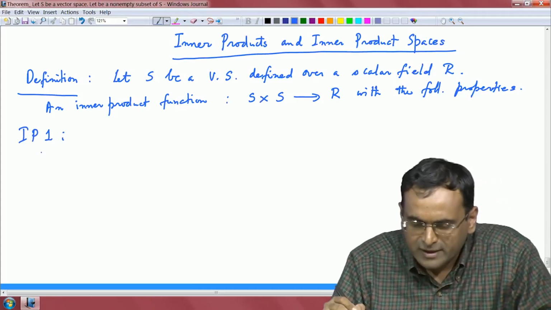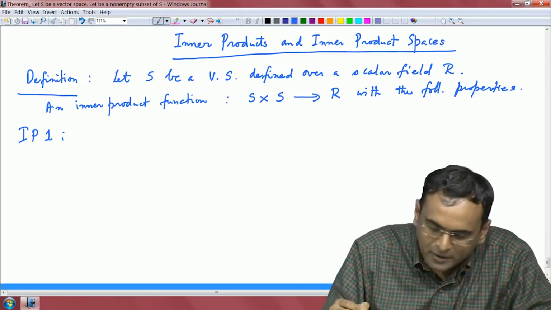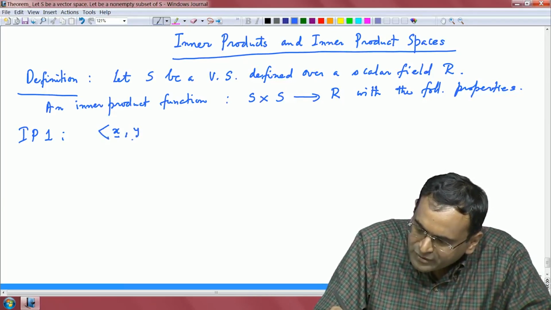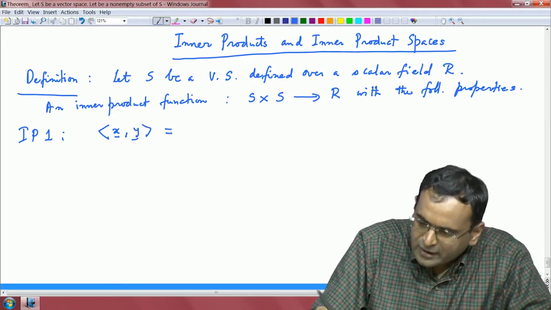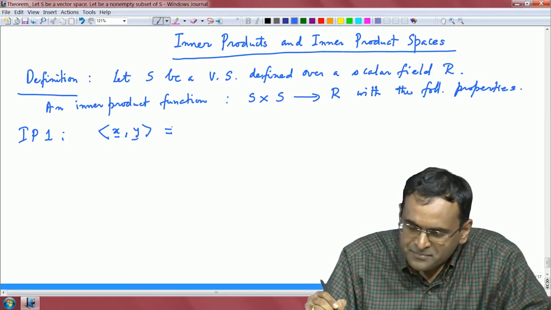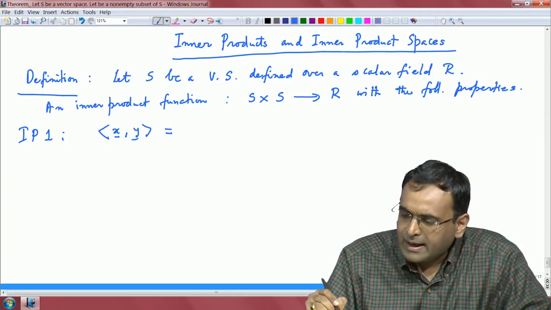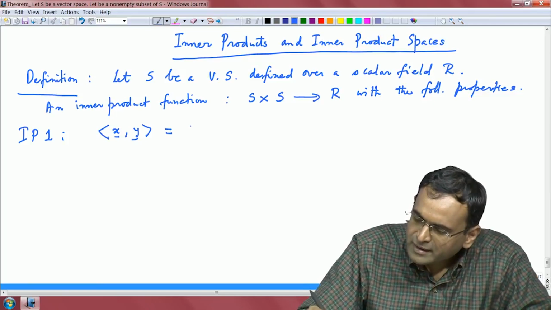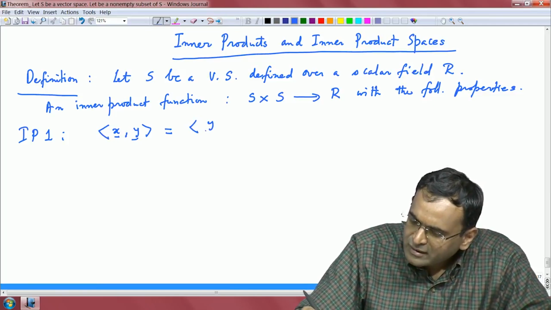So, IP1 stands for inner product property 1. The inner product of x with y, assume that x and y are vectors and each of the coordinates are basically real entries. So, inner product of x y is inner product of y x.